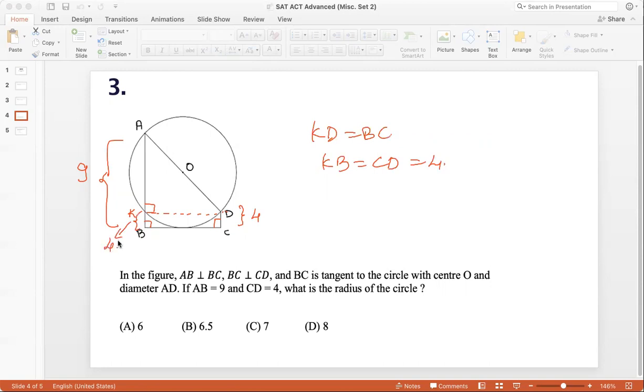Now, if I drop a line from O to the point of tangency, let's say this is M, then this would be perpendicular because the radius is perpendicular to the tangent at the point of intersection.